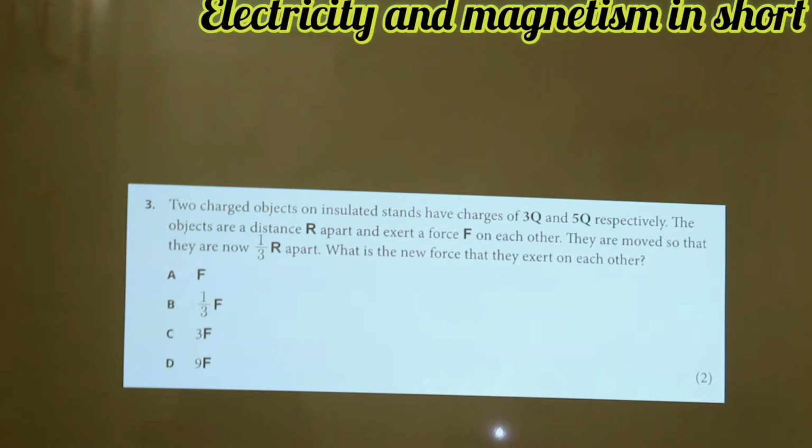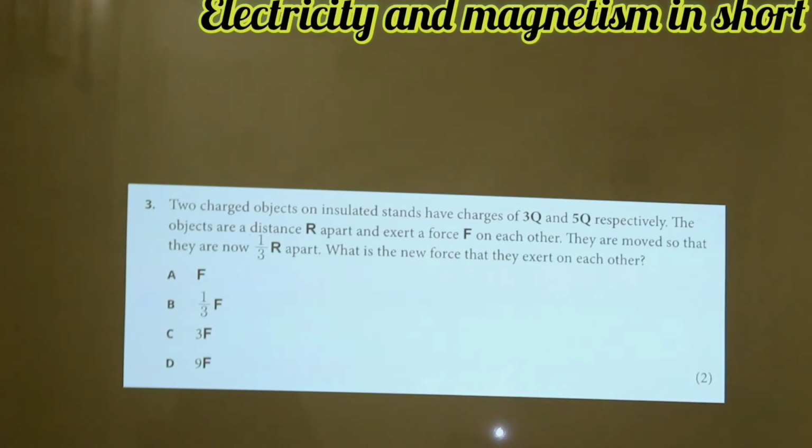Here the charges are not changed. 3q and 5q are the charges, and only the distance is changing, from r to 1/3 r. So what will be the new force?